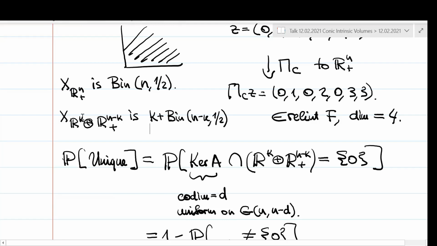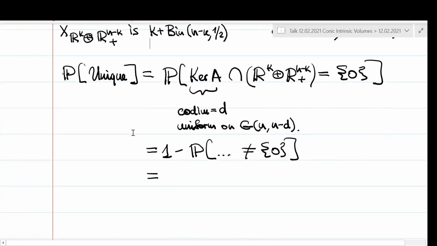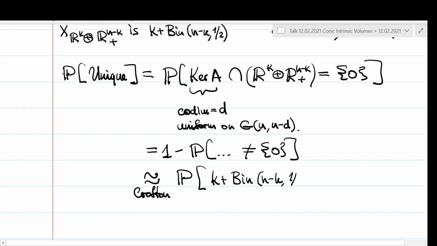So it is this random variable, and now by the Crofton formula, let me write this approximate result. By the conic Crofton formula, this is approximately the same as the probability that k plus a binomial with parameters n minus k and 1/2 is smaller than d, the codimension.